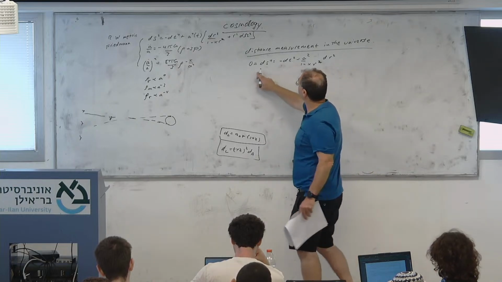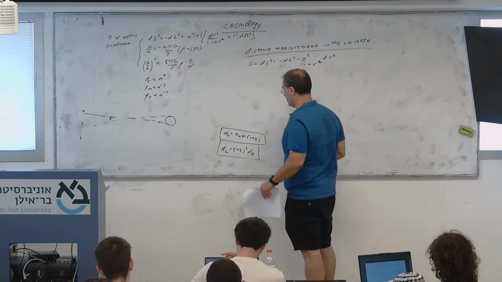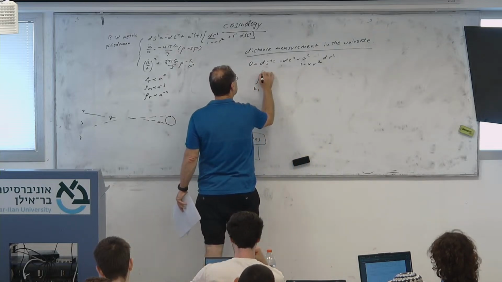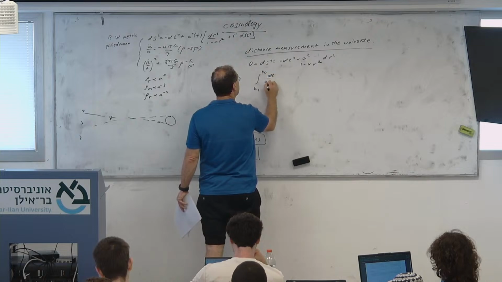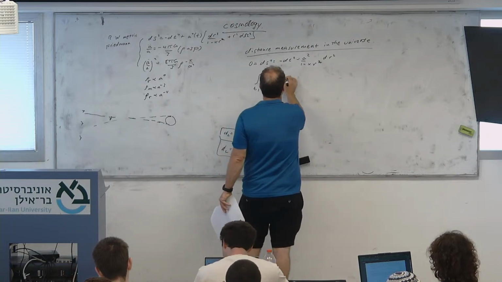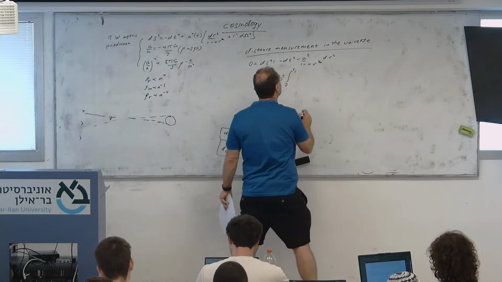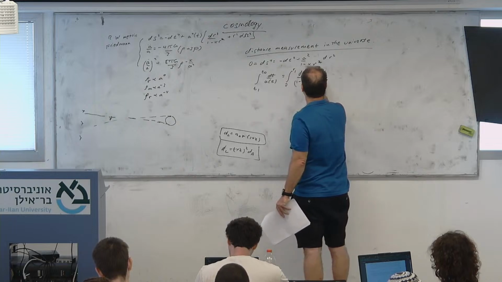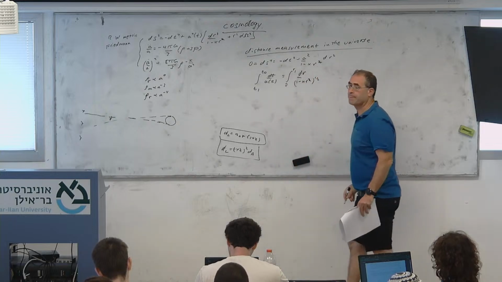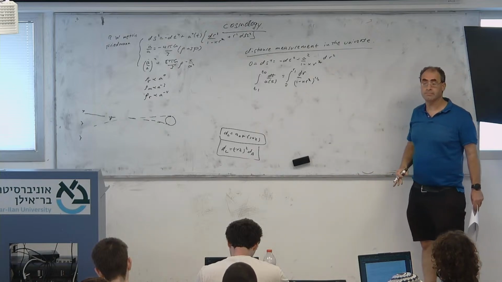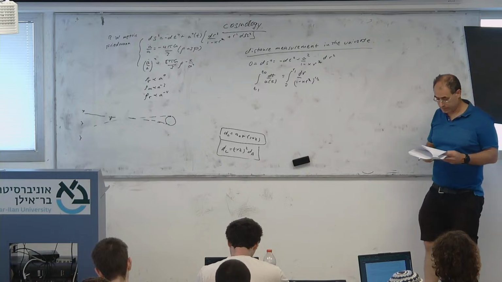So we can move dt to the other side and then integrate: the integral from t1 to t0 of dt over a of t is the integral from 0 to r1 of dr over (1 minus k r squared) to the power 1 half. Everything here is legal.